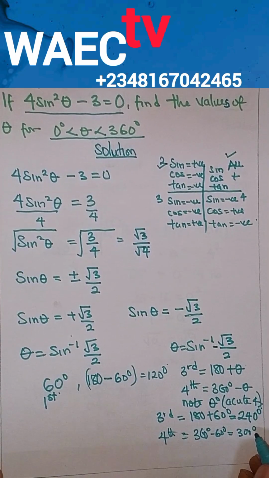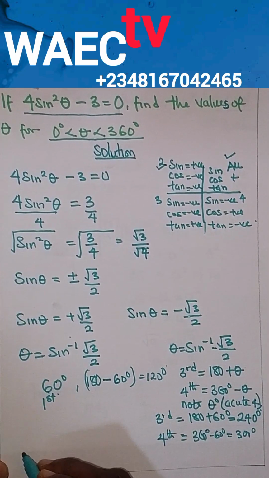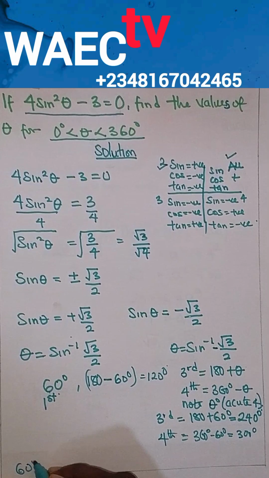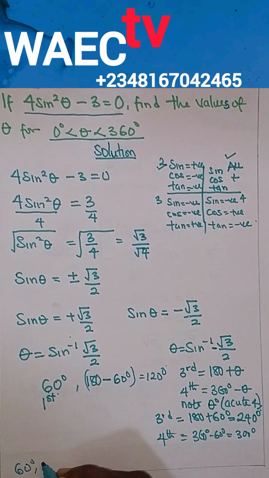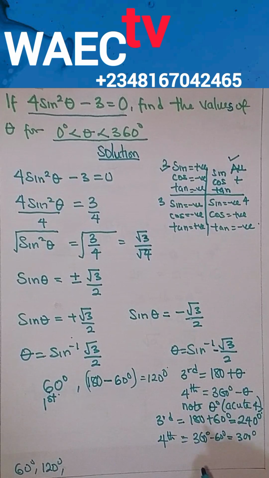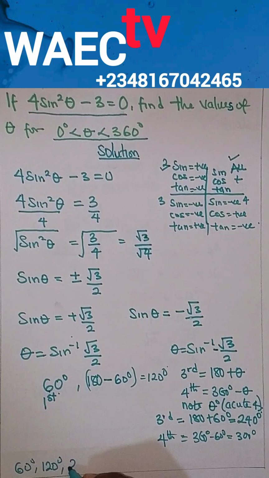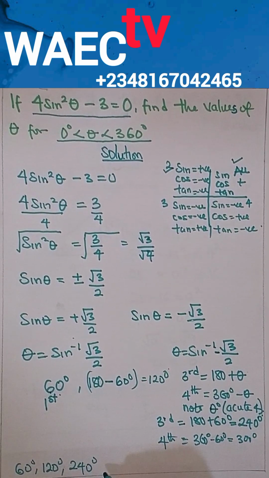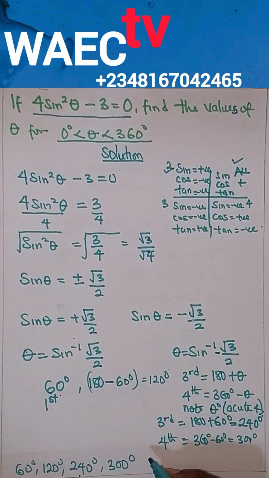So the possible values for the equation are 60 degrees and 120 degrees, that's in the first and second quadrants. In the third quadrant, we have 240 degrees. In the fourth quadrant, we have 300 degrees.